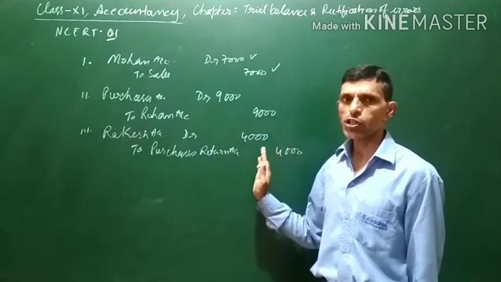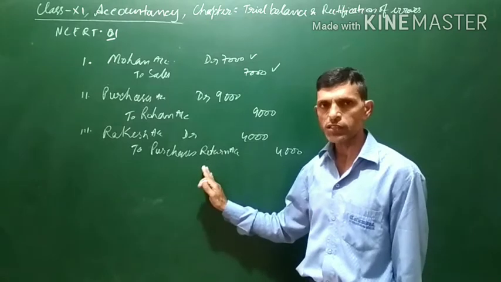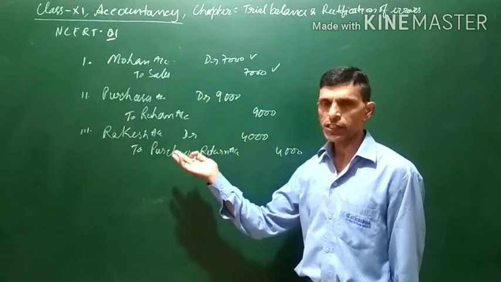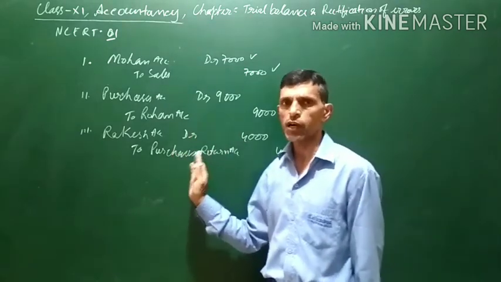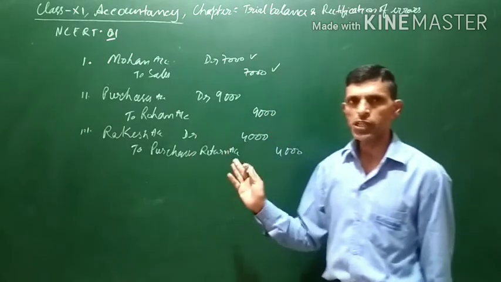The amount is 4,000. Here also the same thing is there. If goods had been returned, whatever has been purchased will be returned. So the entry will be Rakesh account debit to purchases return account 4,000. It was not recorded, meaning the journal entry was not passed. So if you pass the journal entry or write it in the books of account, it will be considered that it has been recorded.